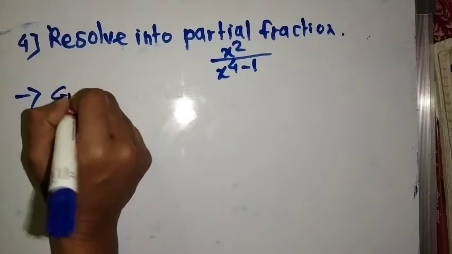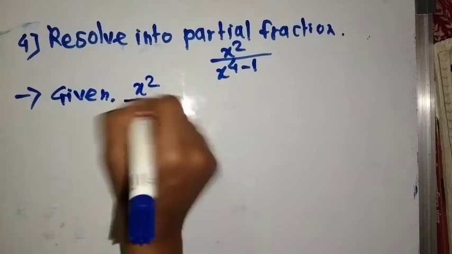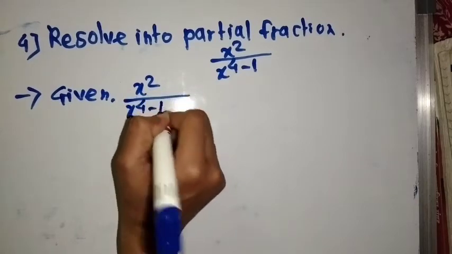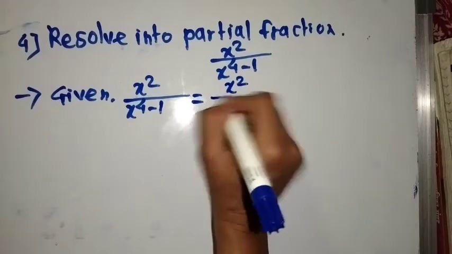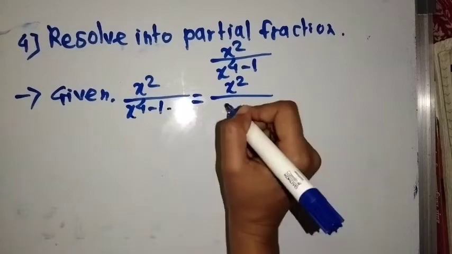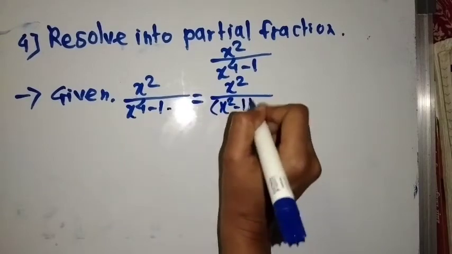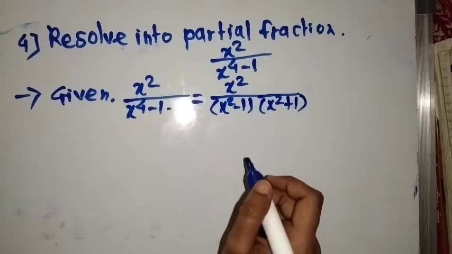First, the given fraction is x square upon x4 minus 1, which is equal to x square upon x square minus 1, x square plus 1.